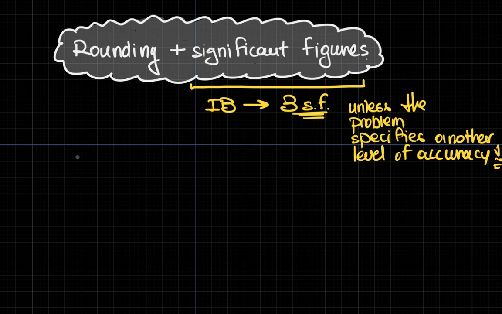For the IB, and that's the most important part, the three significant figures rounding is the superstar.